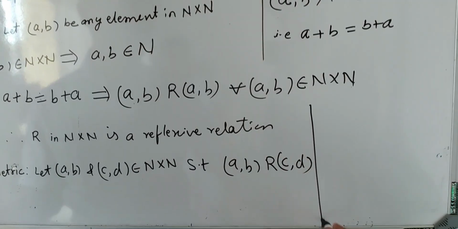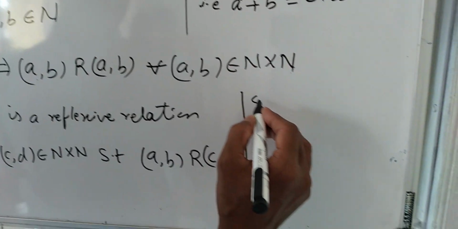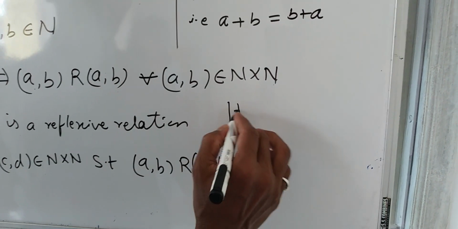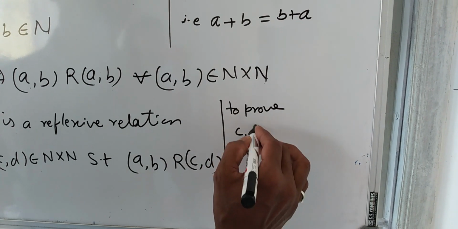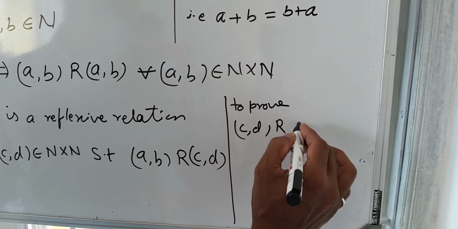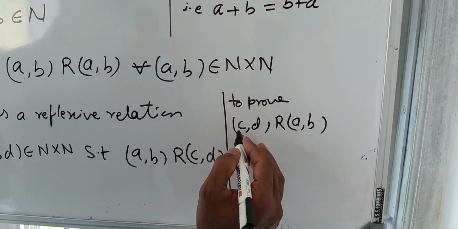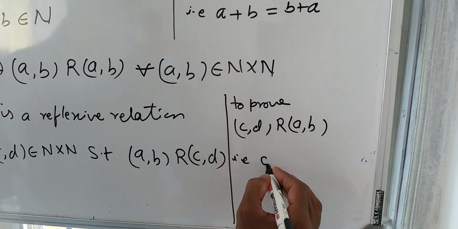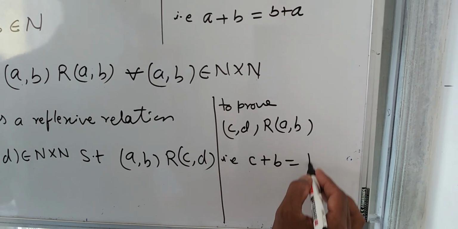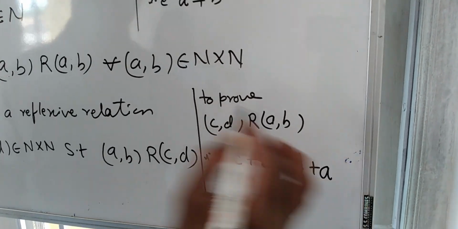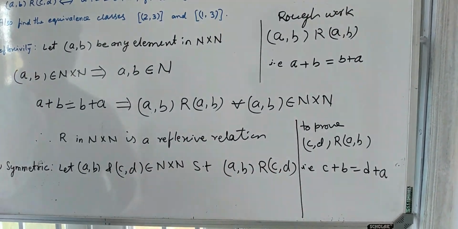Once again, you do some rough work. To prove (c, d) related to (a, b), we have to prove first plus second, c plus b, equals second plus first, d plus a. This we have to prove.